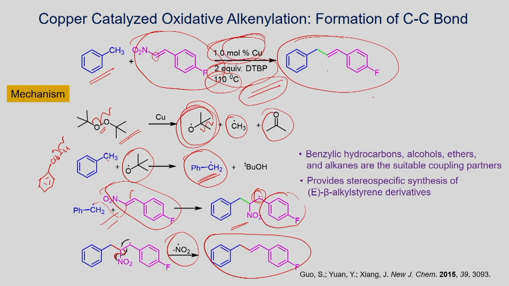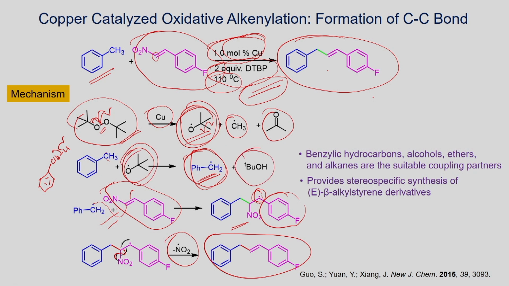The copper facilitates the cleavage of this peroxide bond. When you heat in the presence of copper, it can undergo homolytic cleavage to form the tertiary butoxy radical. Once formed, as just mentioned, it can readily react with this weak benzylic CH bond to produce a benzyl radical, where the tertiary butoxy radical is converted into tertiary butanol.